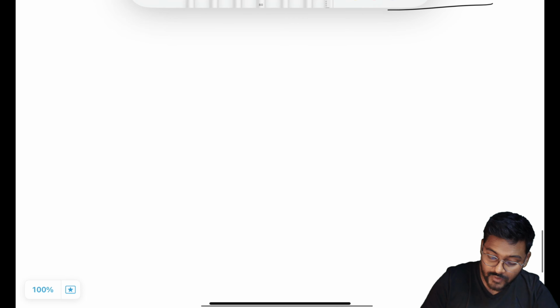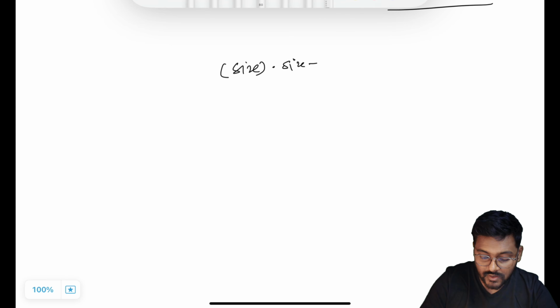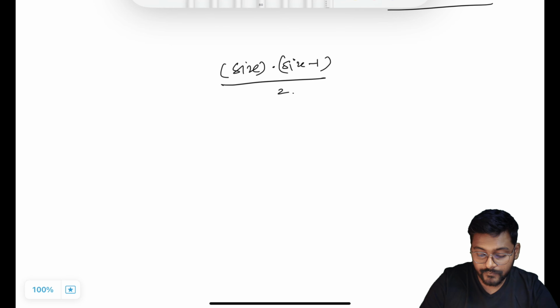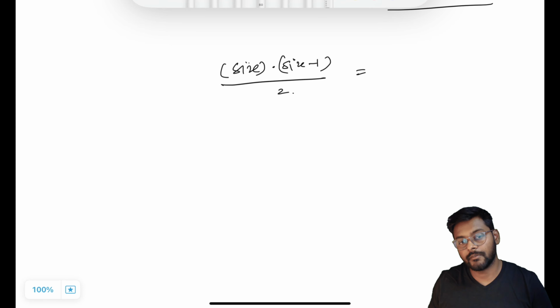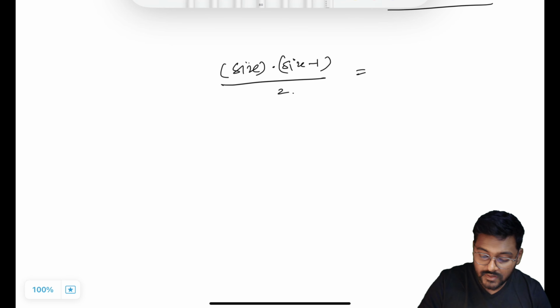Now, given the size of the component, how many edges do we require? We require size into size minus 1 divided by 2. Size into size minus 1 is the number of permutations we can have for any 2 elements, and divided by 2 is the number of edges related to that parent.